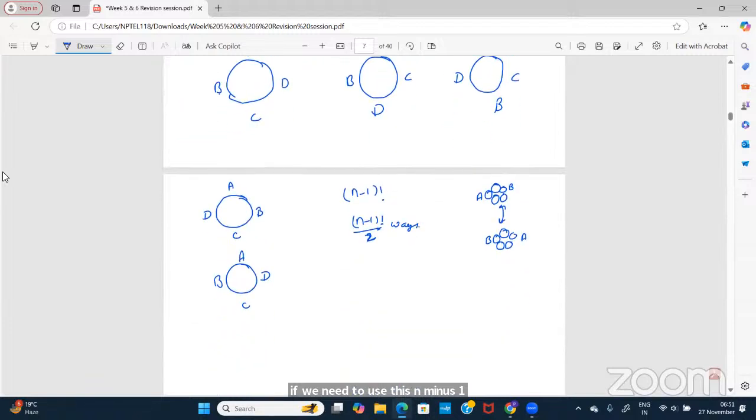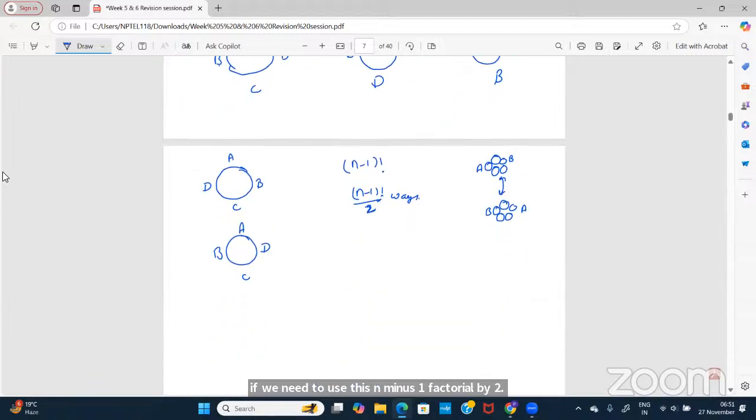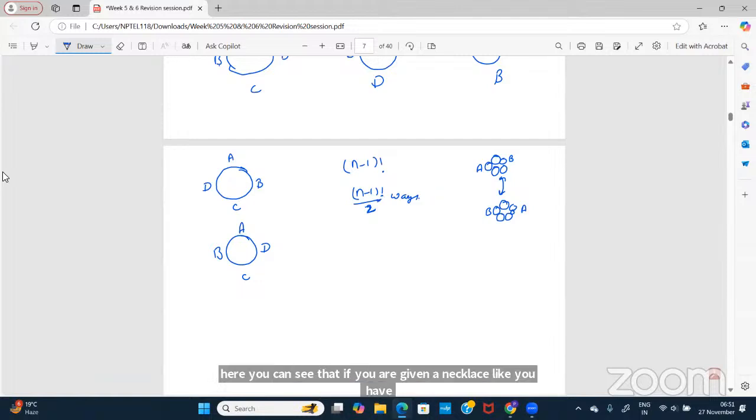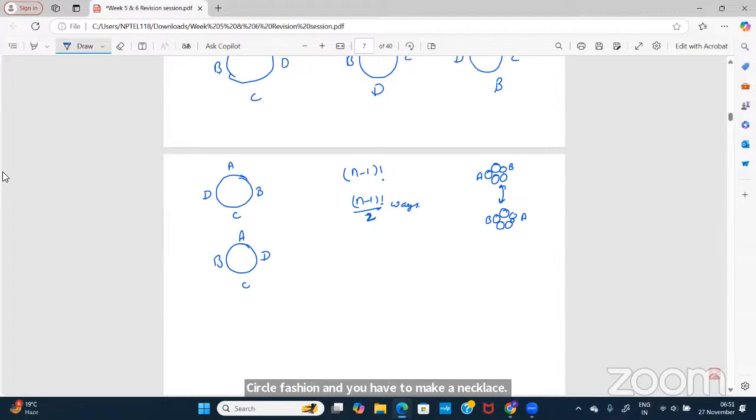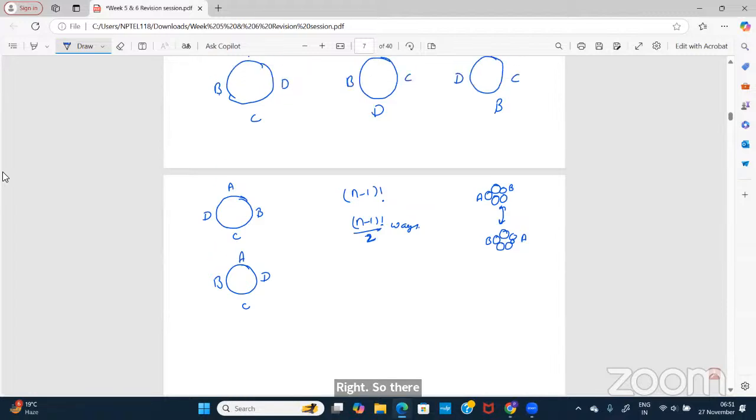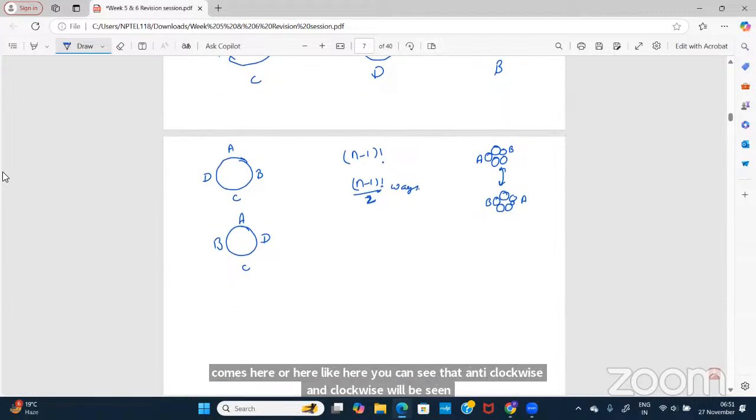Yeah, in the beads example, I think there was one question regarding a necklace and beads. If you are given a necklace, where you have some number of beads that you have to arrange in circular fashion to make a necklace, then it won't matter whether B comes here or here. Here anti-clockwise and clockwise will be the same. In that situation, you divide by 2.